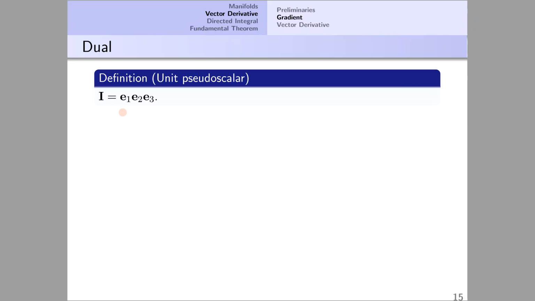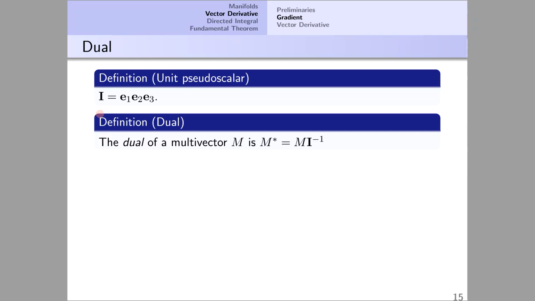It's obtained by multiplying members of an orthonormal basis for R3, giving the unit pseudoscalar I. If I choose a different orthonormal basis with the same orientation, I'll get the same unit pseudoscalar. And now we can define the dual. The dual of a multivector, denoted M star, is obtained by multiplying the multivector M by I inverse on the right.